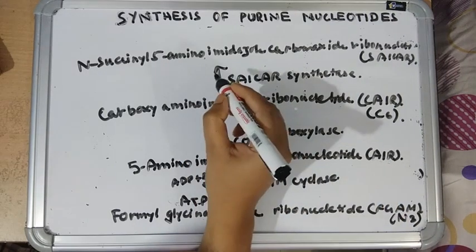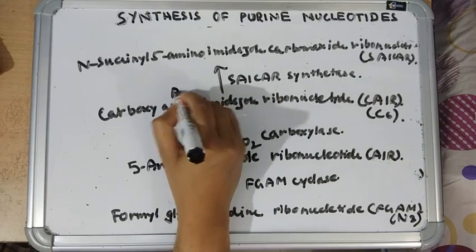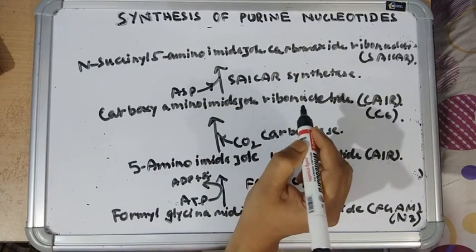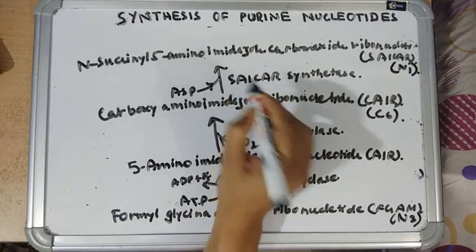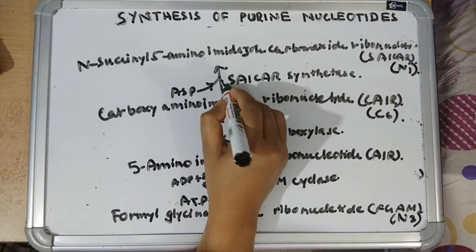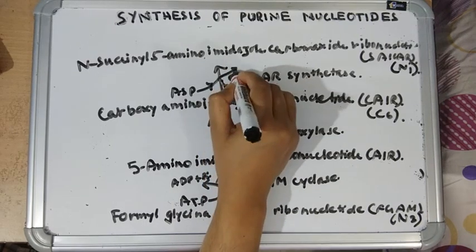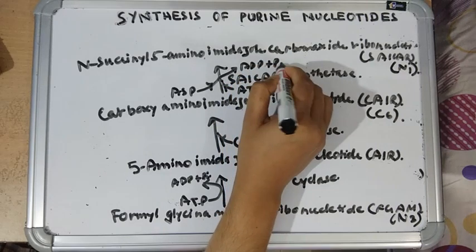Here ATP is required and aspartate is required. Aspartate provides the N1 of the purine ring. ATP is converted into ADP and inorganic phosphate.